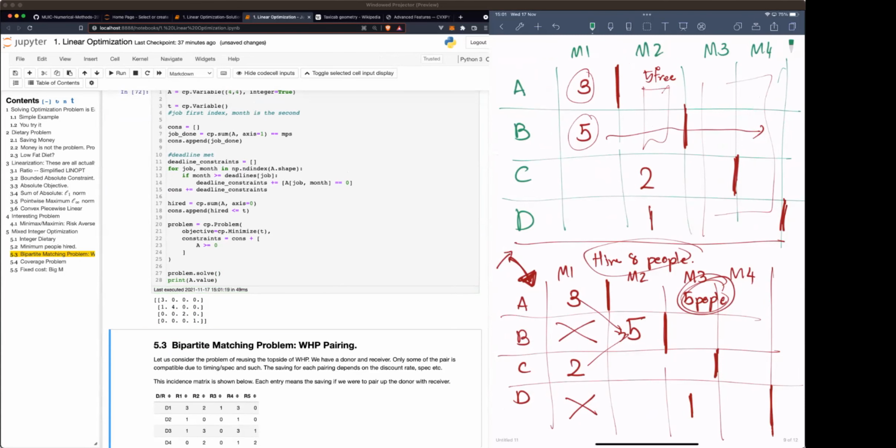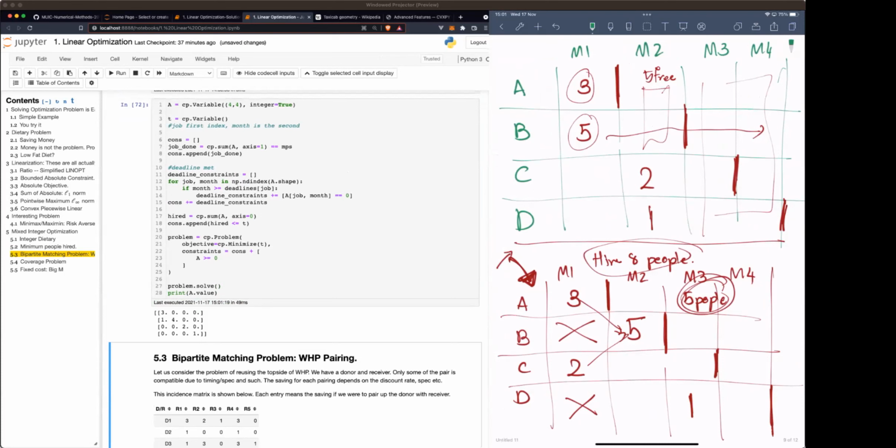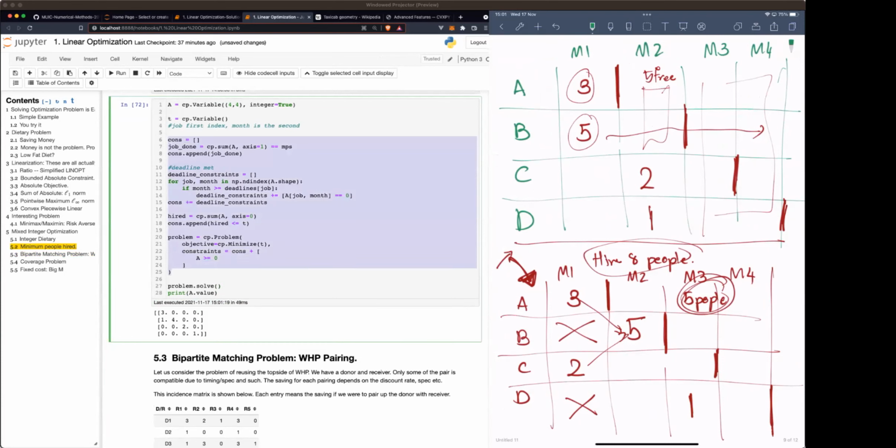Okay, so there. Like enough for your dynamic programming. This is all you need to do. Specify as a constraint an objective, and then it's going to solve for you. And I believe there is also a theorem, a lot of theorems, that if certain conditions are met, you don't really need integer equal to true, and it's going to become integer for you.